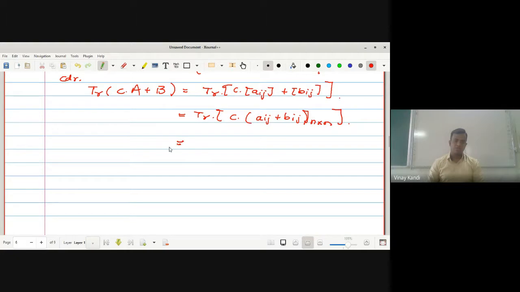Which is equal to, now the trace of this one is equal to C into (a11 plus b11), plus again C into (a22 plus b22). Is it correct?